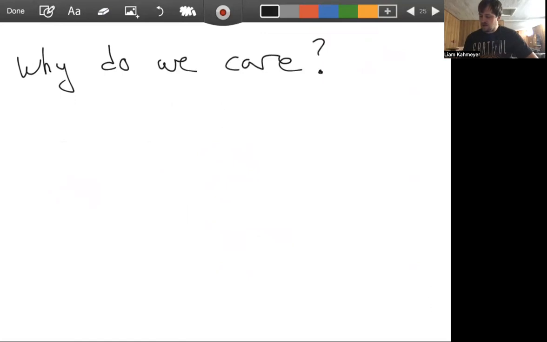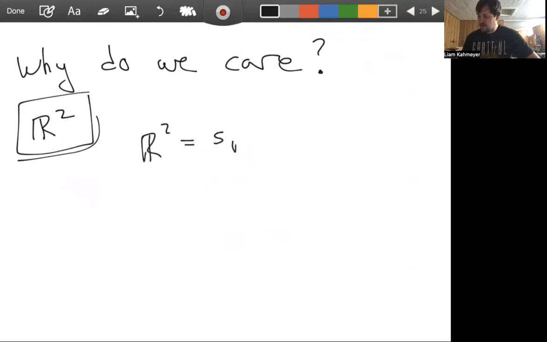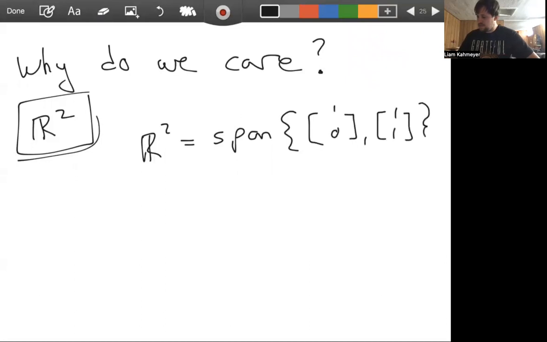Well, let's look at R2, for example. R2 could be the span of two vectors that are not even orthogonal, like (1, 0) and (1, 1), or something like this, right?